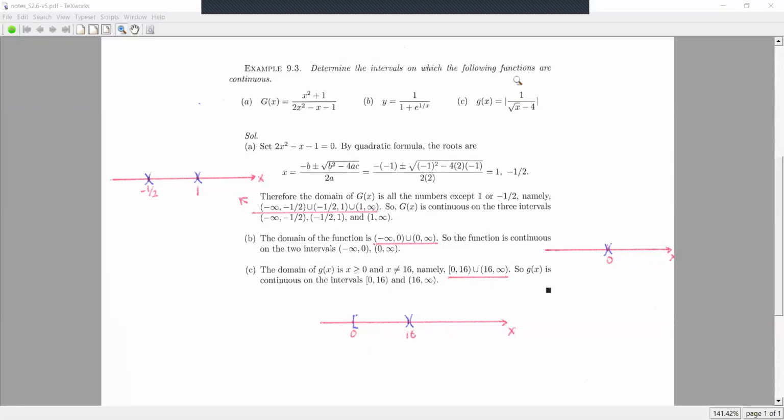So therefore, the domain of this function is the union of these 2 intervals. So this function is continuous on these 2 intervals.